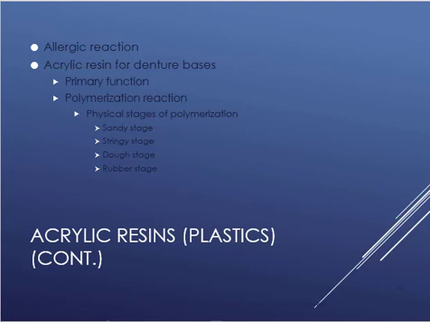And the doughy stage is more easily manipulated. The fourth stage is the very final stage. It's called the rubber stage, and the reason why is just because it has a rubbery consistency. At this point, it can no longer be manipulated to form the denture base. So it cannot be manipulated in that stage anymore.